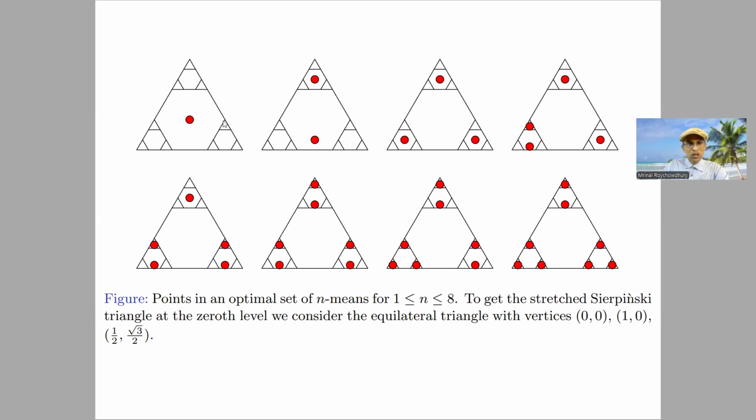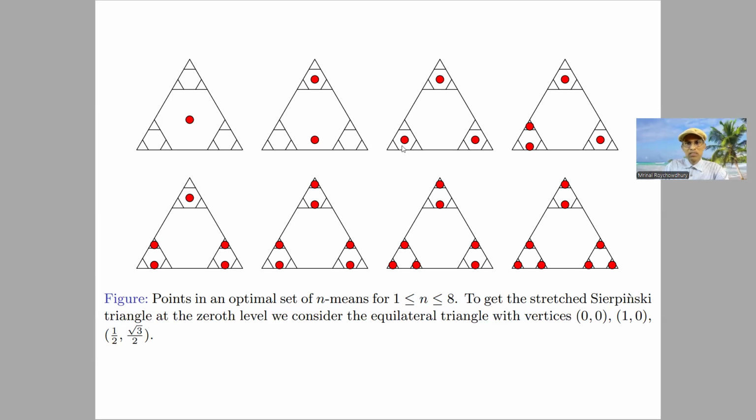So you can easily guess the optimal set of 1 mean will be the center of the triangle, and the optimal set of 2 means are these 2 points. You can choose one from here and one from here, or one from here and one from this side, because of the symmetry. Thus an optimal set of 2 means is not unique. There are 3 different optimal sets of 2 means with the same quantization error.